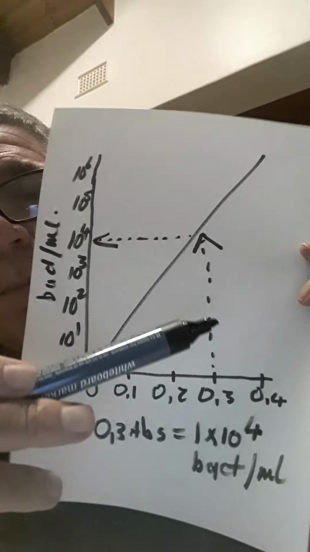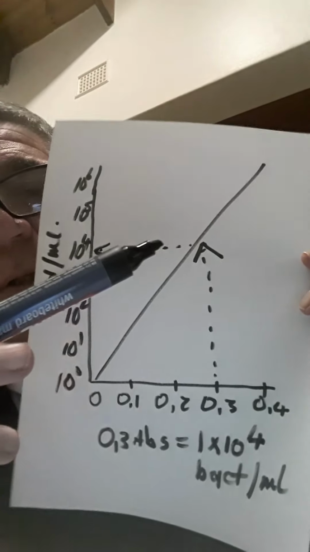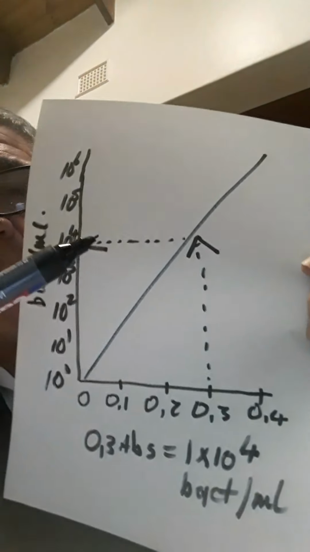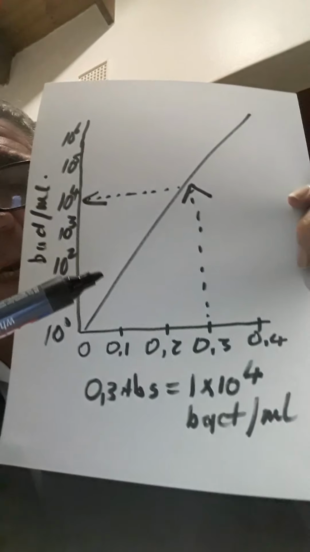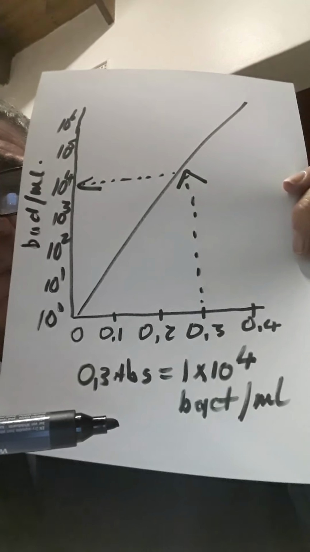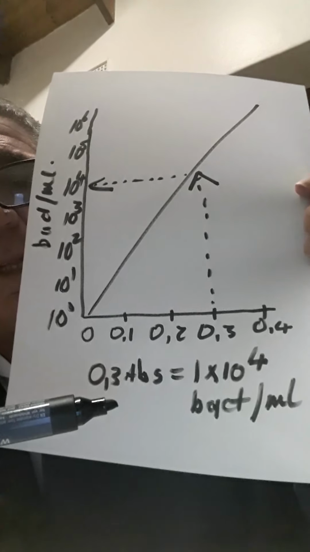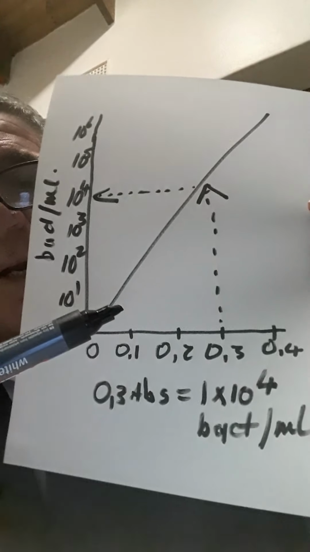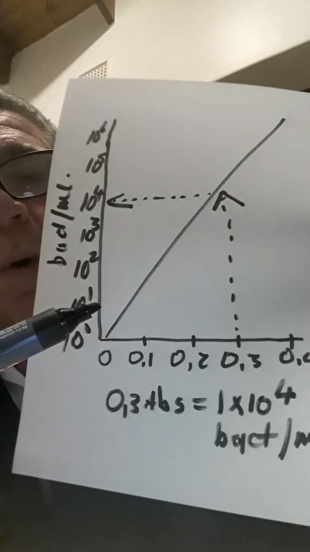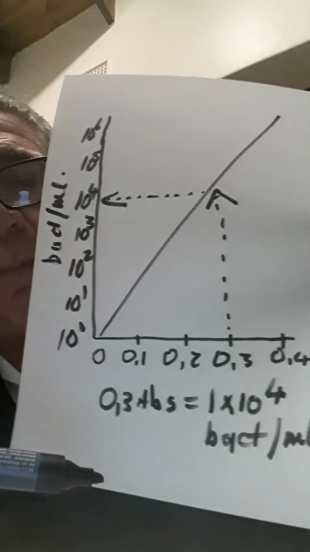I go up onto the graph, I go across to the side, and then I see it is 10 to the power 4 bacteria per mole. And if it's 0.1, I can see roughly it is only 10 to the power 1 bacteria per mole.